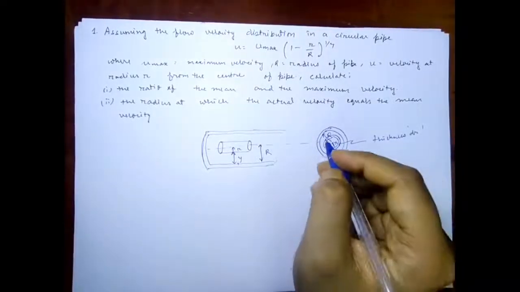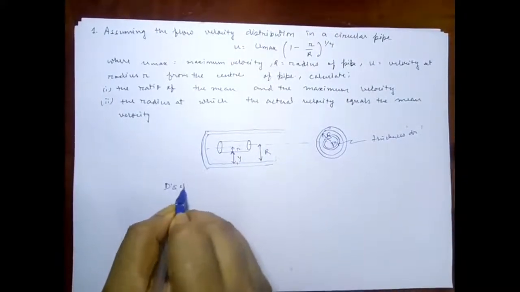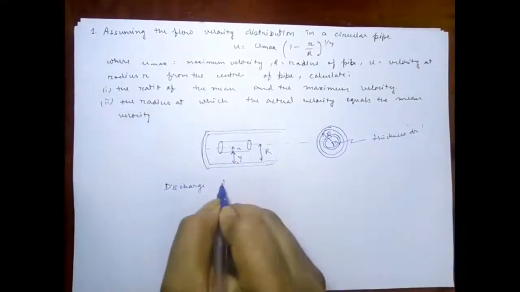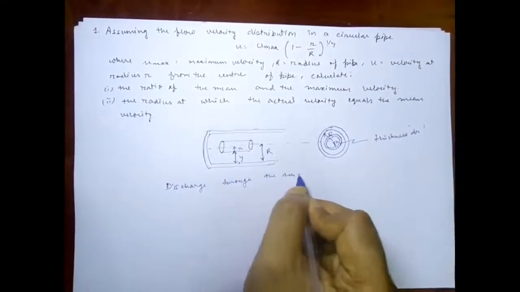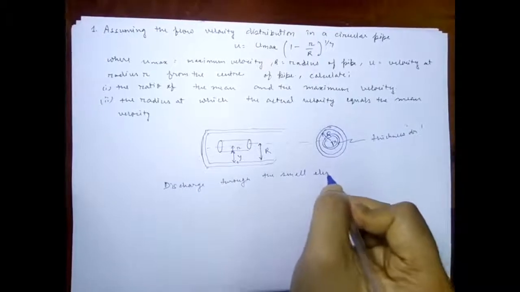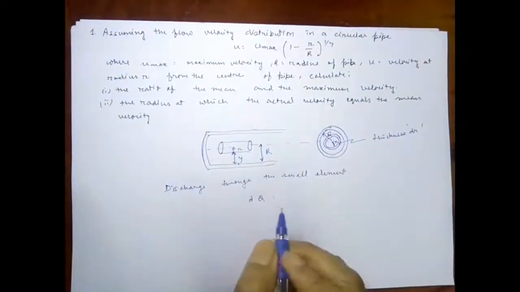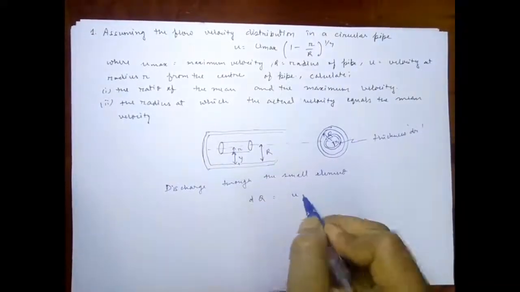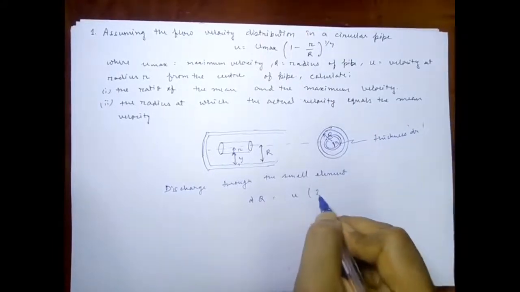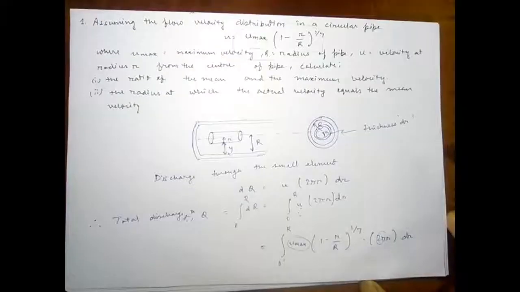So now you can say that the discharge through this small element, let us consider it as dq, is equal to the velocity u times 2 pi r times dr. So there was a problem with the video, sorry for that.